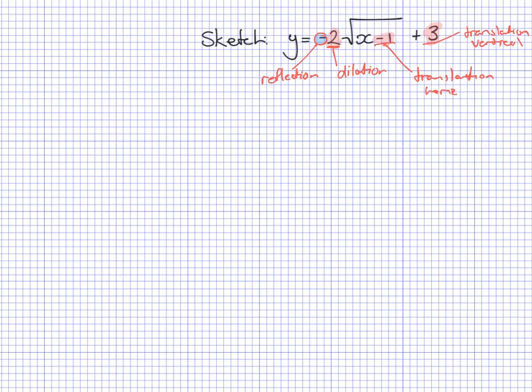All right, so a quick sketch of our graph would be something along the lines of this. It's been moved 1 unit right and 3 units up. So it starts there. It has been reflected. So instead of going up like this, it's now going to go down like that.